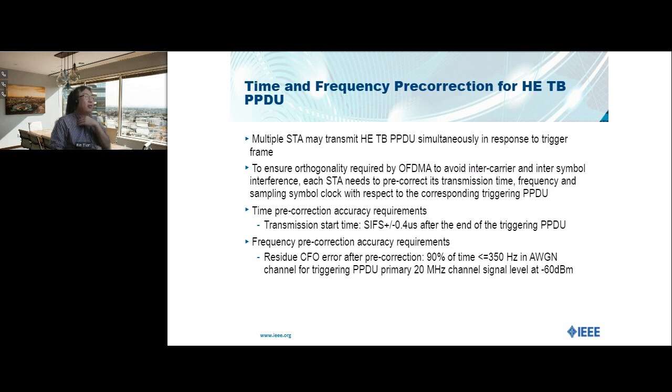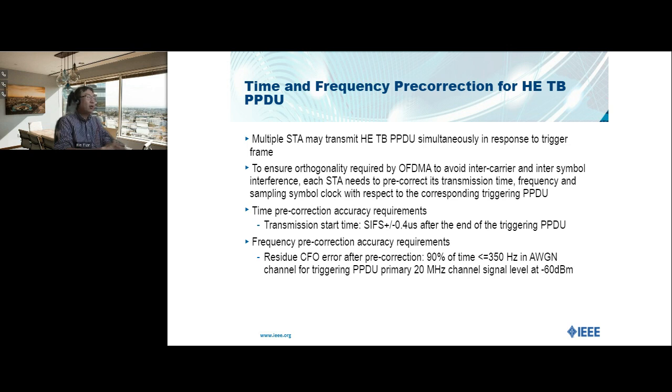There is another requirement for trigger-based transmission. We mentioned all of them transmit simultaneously in response to a trigger frame. So essentially, they use the term OFDMA, orthogonal frequency division multiple access. The first word is O, orthogonal.